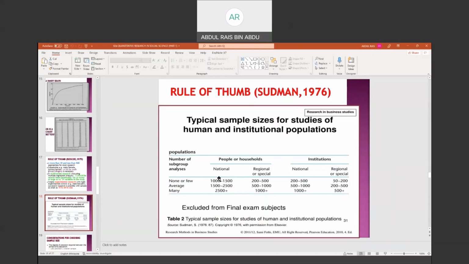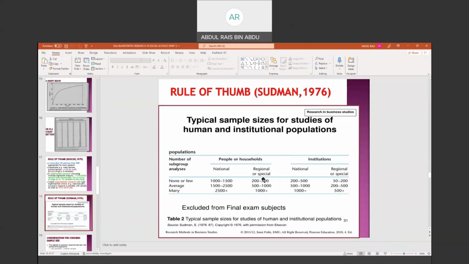Dia kata study you melibatkan banyak sub-ethnic group, mungkin you patut consider between 1,500 to 2,500. You're doing study ni peringkat negeri, peringkat daerah, sekitar 200 hingga 500 cukup kalau tak melibatkan banyak subgroup.